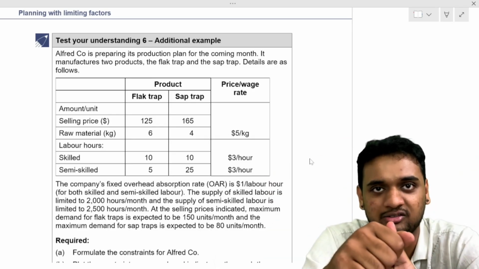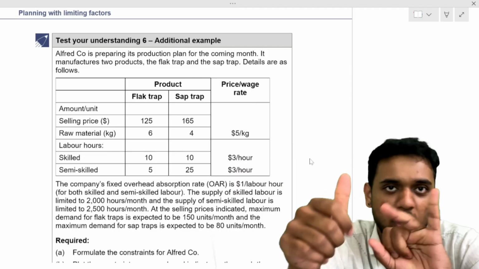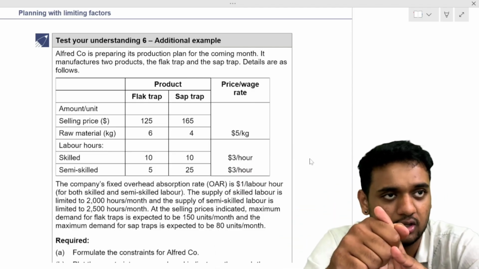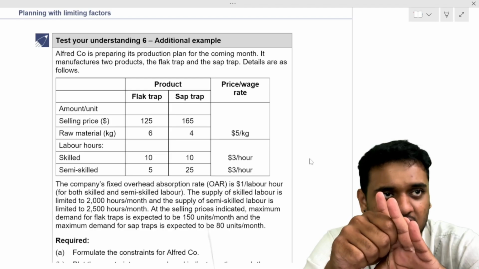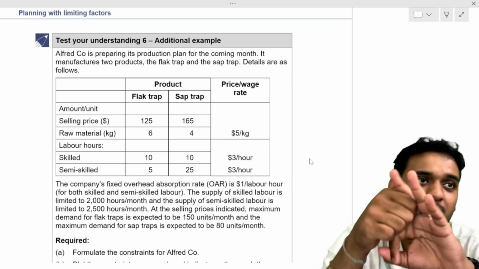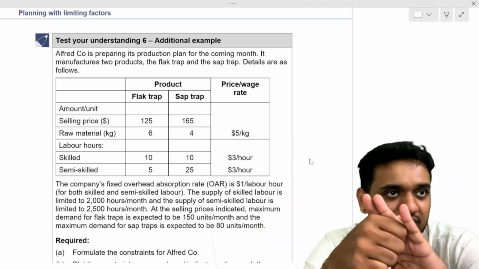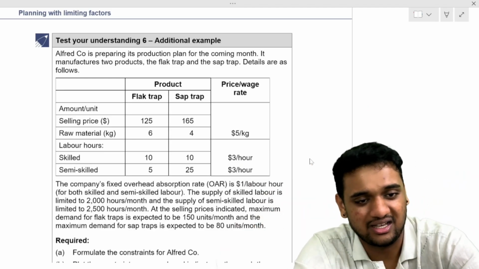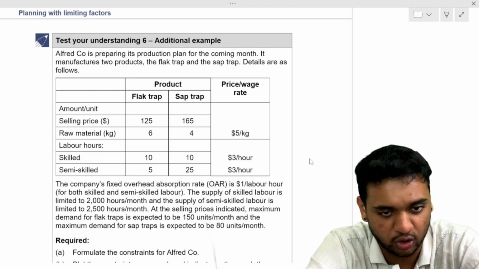First, limiting factors should be given to us. Number of hours of everything should be given. The products should be given. Contribution of both products should be given. How many hours it takes for each product should be given. Total hours of the limiting factor we also need. First, are two products given to us? Yes or no?